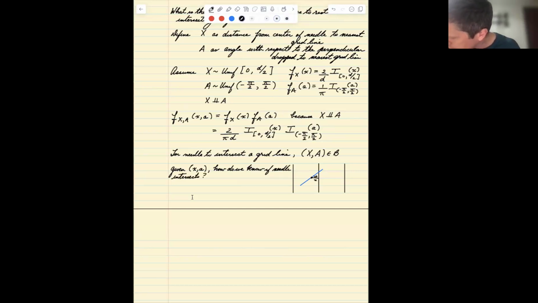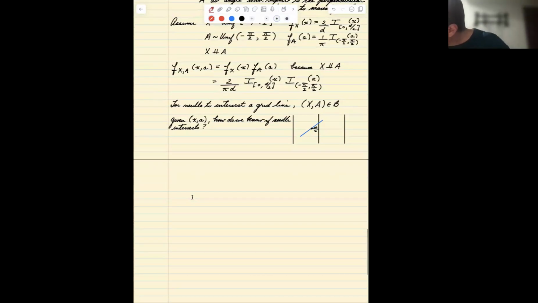Well, let's look at an alternative. What's an example of one that doesn't intersect? This one. So what's going on here? X is too far away, given the angle.